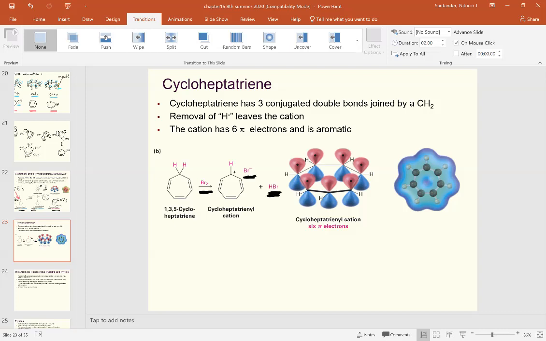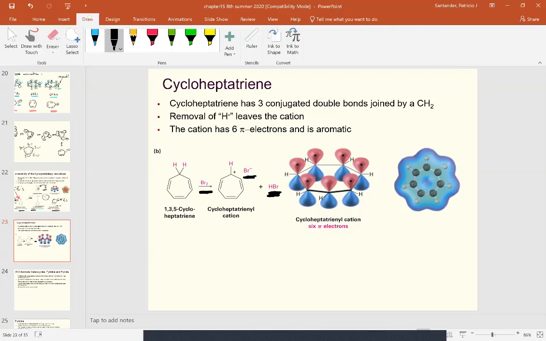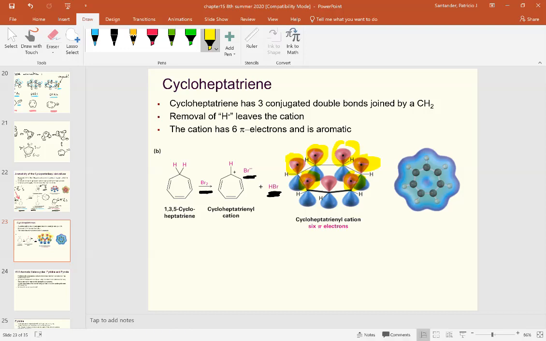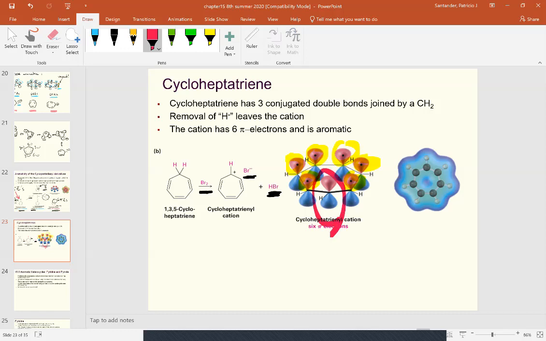So there you go. Let me just highlight in this drawing that each one of the carbon atoms has one electron, one, one, and one. And so there you have 6 electrons. And notice that the carbon atom that is closer to us, this one here, is vacant, right?